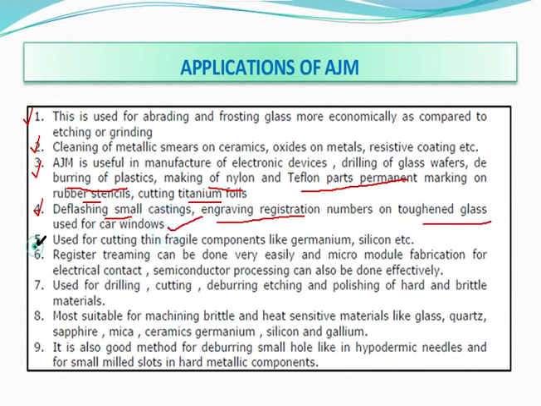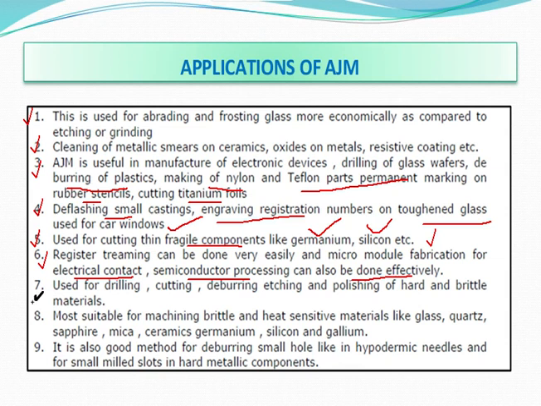Next, it is used for cutting thin fragile components like germanium and silicon. Next, it is used for trimming and micro-miniature fabrication, for electrical components, semiconductor processing, and it can be done effectively.